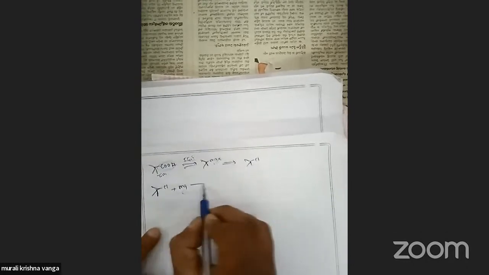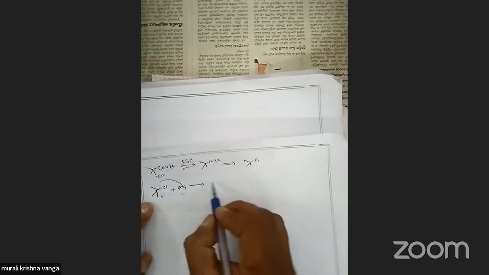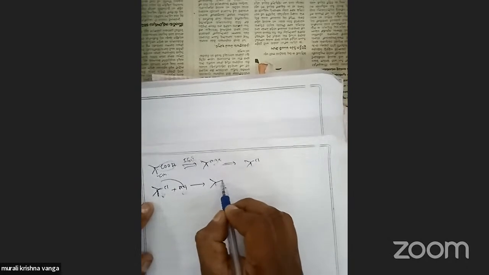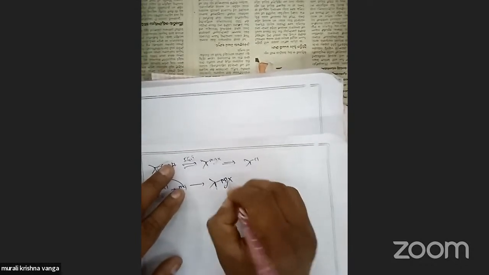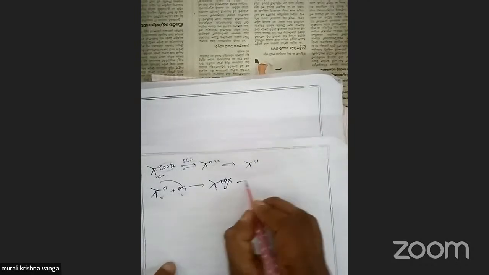When an alkyl halide reacts with magnesium, magnesium is inserted into the carbon-halogen bond, and the product is the magnesium halide, RMgX, a Grignard reagent.